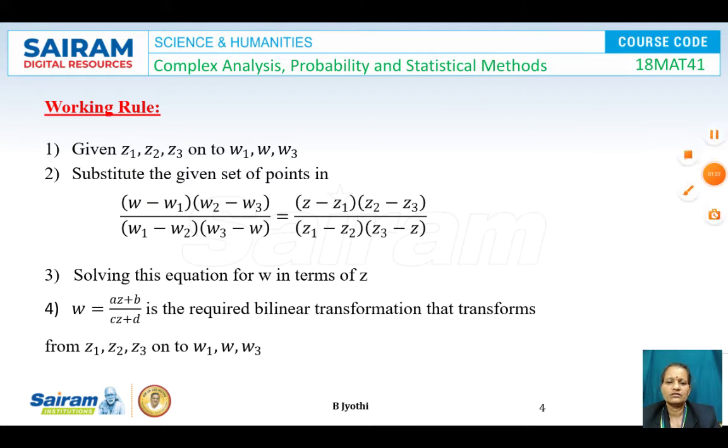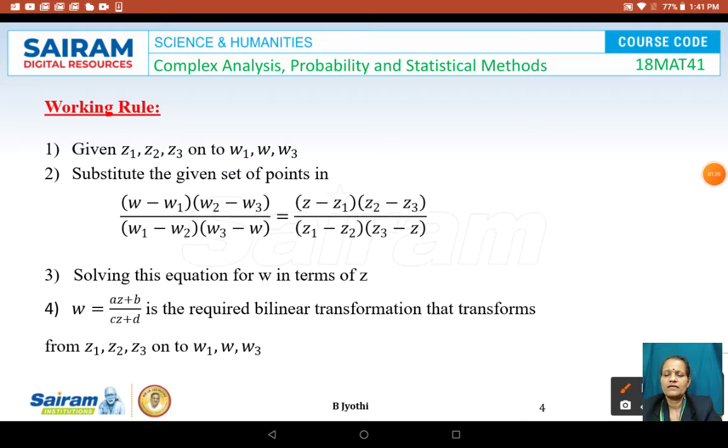The working procedure here: first, given Z1, Z2, Z3 onto W1, W2 and W3, substitute the given set of points in the equation (W - W1)(W2 - W3) / ((W1 - W2)(W3 - W)) = (Z - Z1)(Z2 - Z3) / ((Z1 - Z2)(Z3 - Z)).